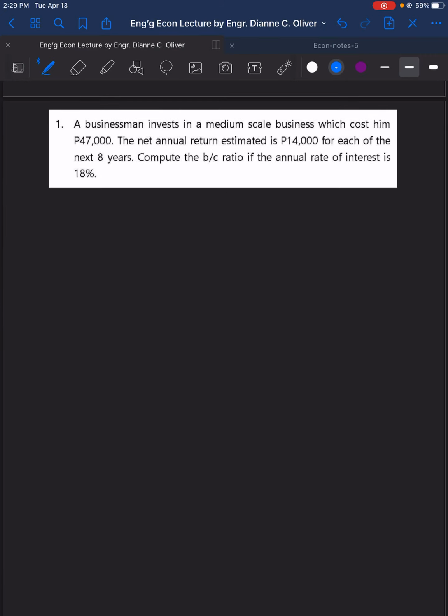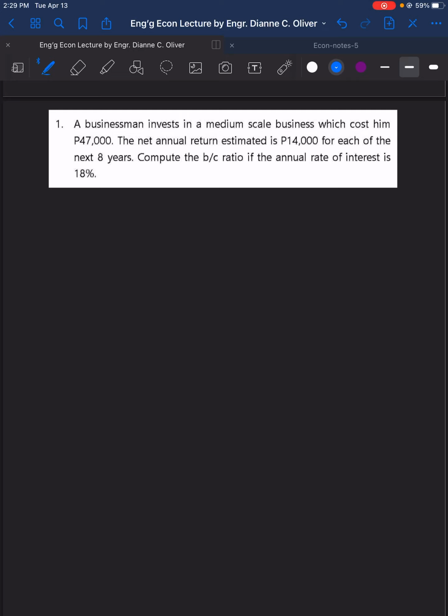Okay, for number 1, a businessman invests in a medium-scale business which costs him 47,000 pesos. The annual return estimated is 14,000 pesos for each of the next 8 years. Compute the benefit cost ratio if the annual rate of interest is 18%.